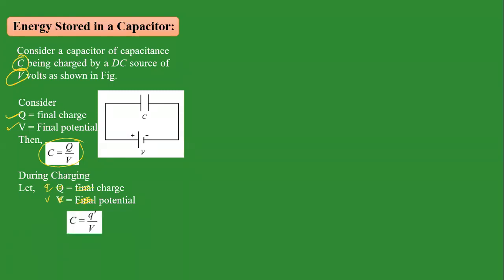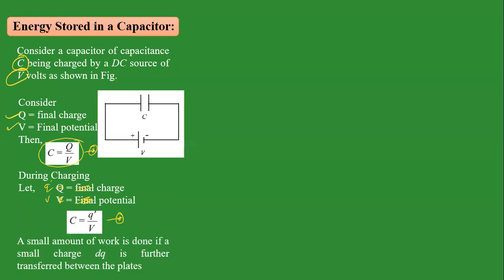Then capacity is given by the formula q dash by v. So we get capacity is q dash by v, and both the capacities are the same because capacity is constant.